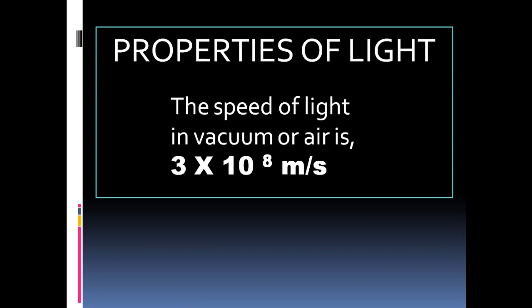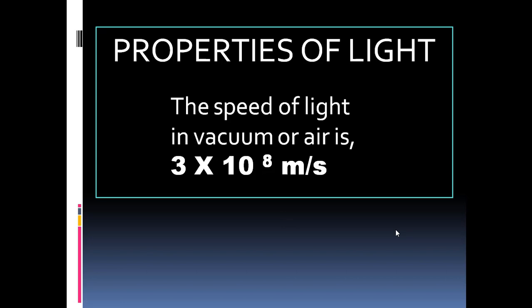The speed of sound through air is about 340 meters per second. The speed of light is much faster than the speed of sound, and it is 300 million meters per second, or simply 3 into 10 to the power of 8 meters per second, but the speed of sound is 340 meters per second.